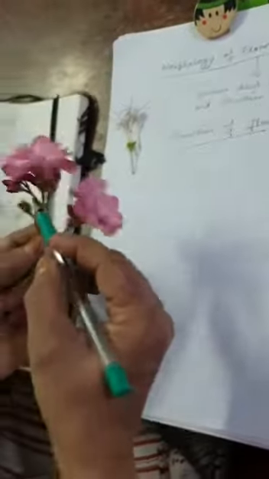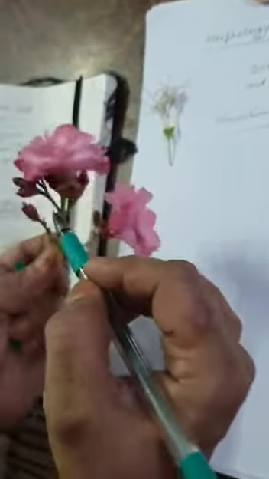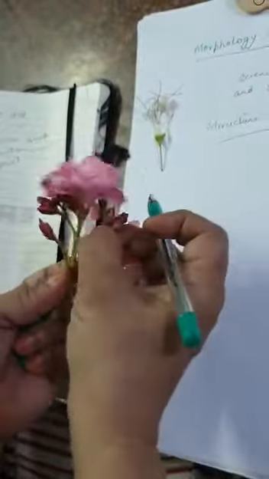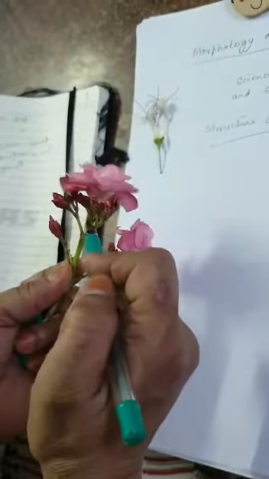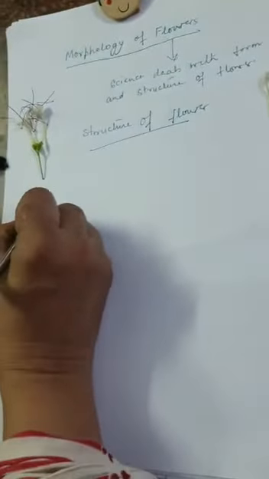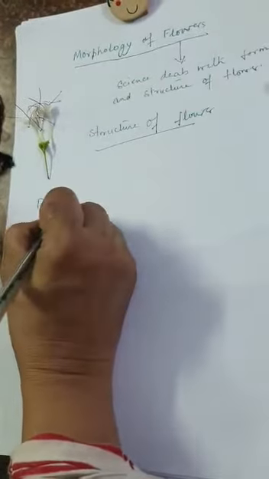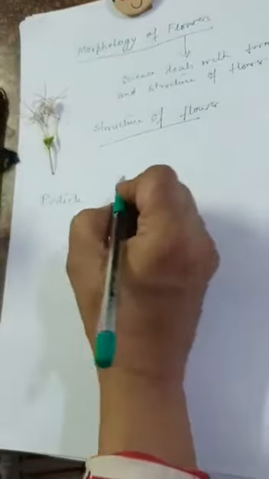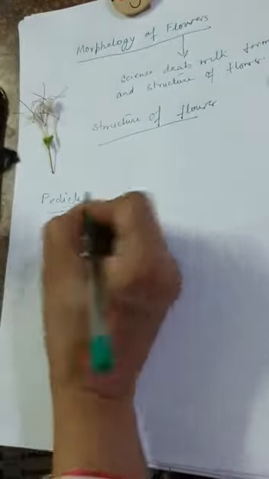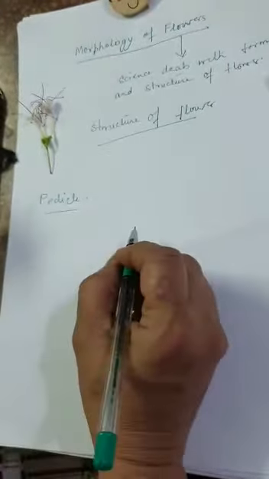The flower is attached to the main stem, the mother stem, from this part. It is known as the pedicel. That means this is the stalk of the flower.